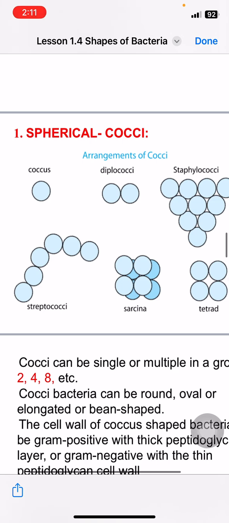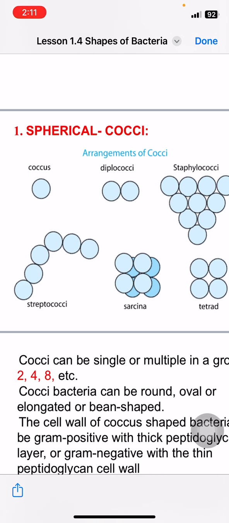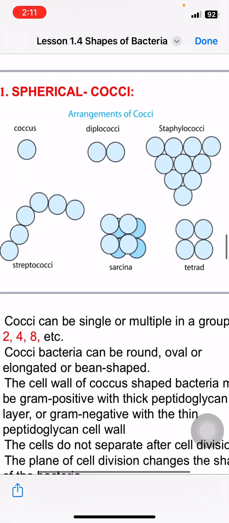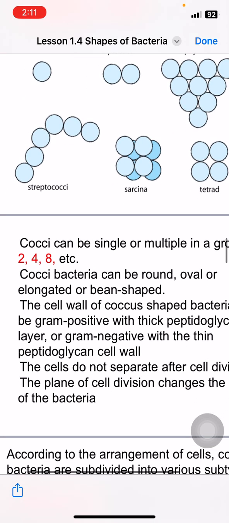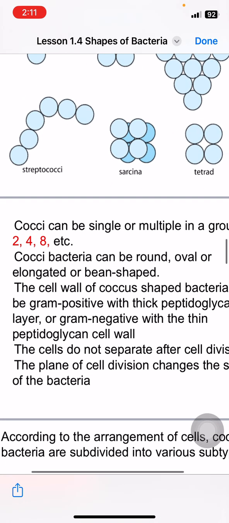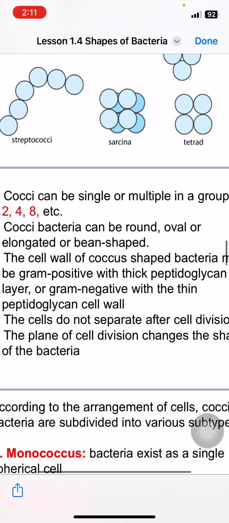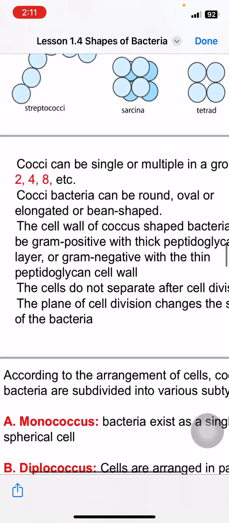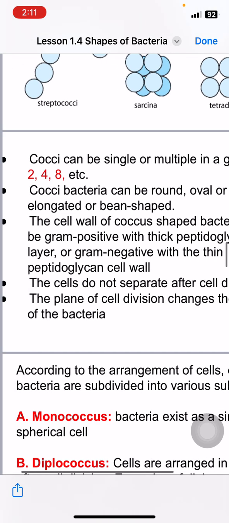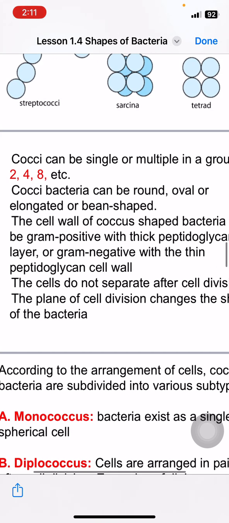Meaning to say, when we say spherical, it is from a single to multiple group, from 2, 4, or 8. Cocci bacteria can also be round or oval. As you can see here, it is elongated and it is like a bean shape. The cell wall of coccus-shaped bacteria may be gram-positive with a thick peptidoglycan layer or gram-negative with a thin peptidoglycan cell wall.